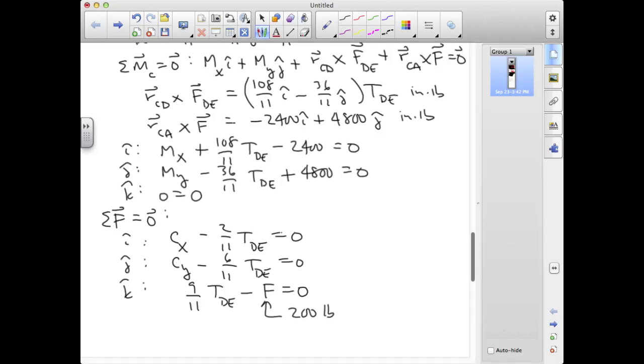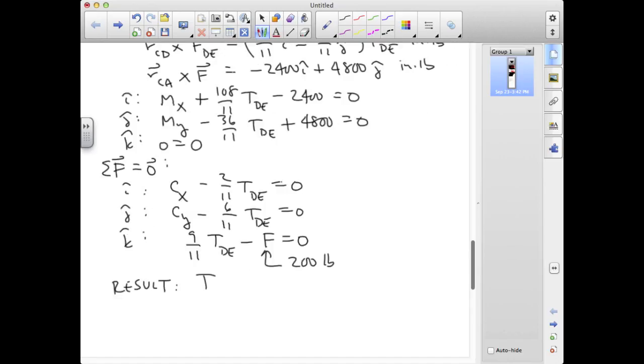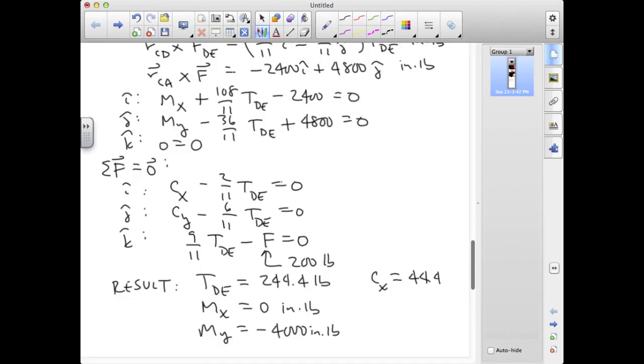So the result is TDE, it still turns out, is equal to 244.4 pounds. It turns out that Mx is 0 inch-pounds, My is minus 4,000 inch-pounds, Cx is 44.4 pounds, and Cy is 133.3 pounds.